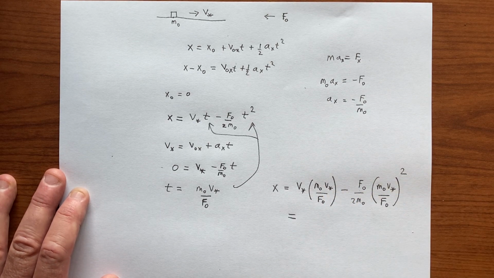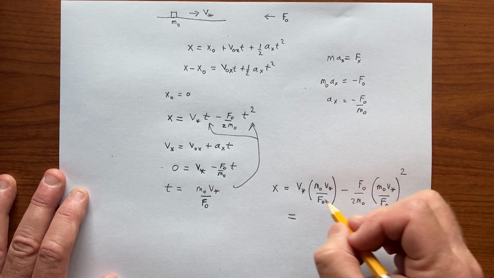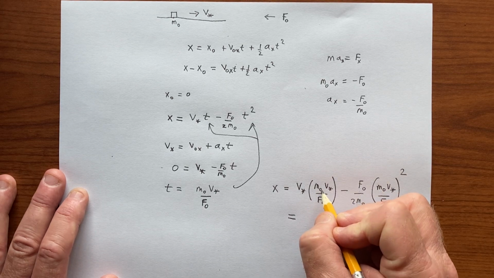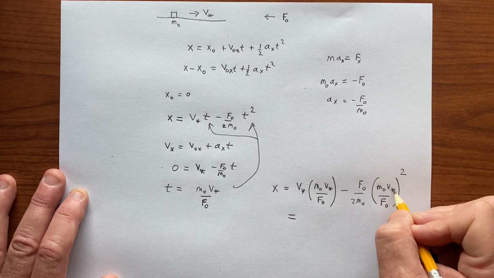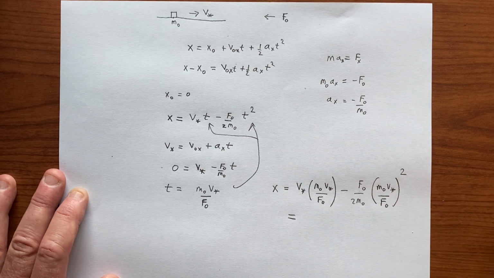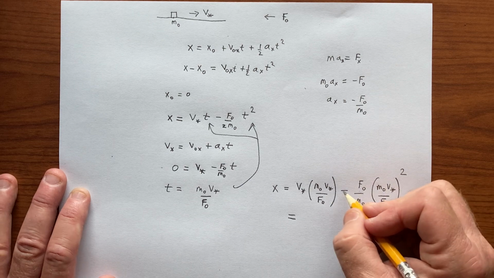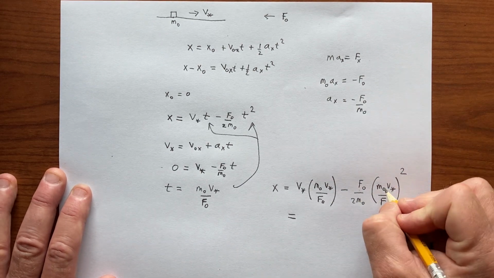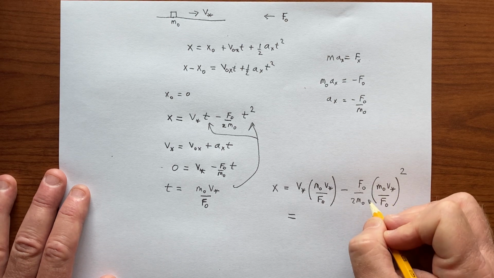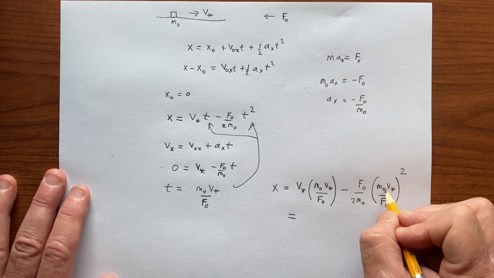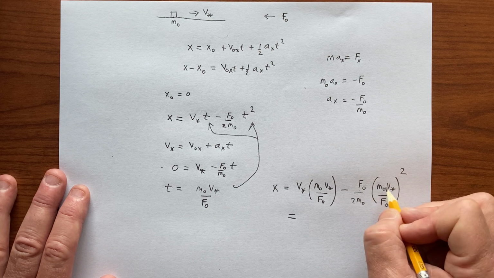The dimensions have to be the same, so it shouldn't be surprising that we get m naught v star squared over f naught times some number here, and that number is going to be minus 1/2. We have an m naught squared here, but one factor of m naught cancels, so we get an m naught here.